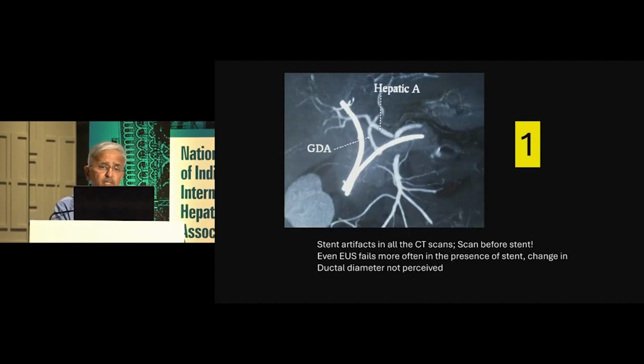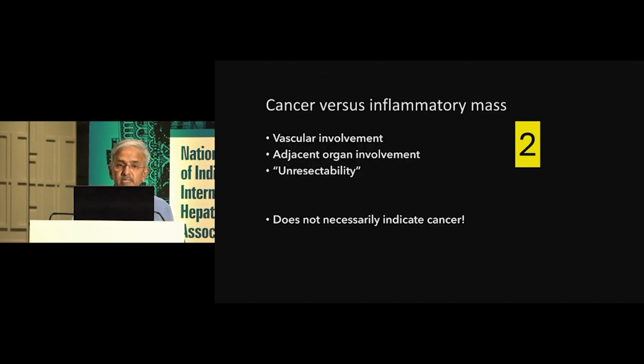I'd like to emphasize 2 points: if we are going to stent a patient, for heaven's sake, we must do a cross-sectional examination before, because stent artifacts will destroy everything. Even EUS will not see the change in diameter of the duct, which is probably where they will train their EUS eyes. And so it is always better to do these tests before you actually do a therapeutic stenting.